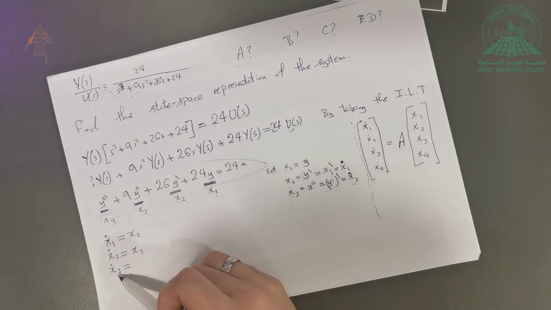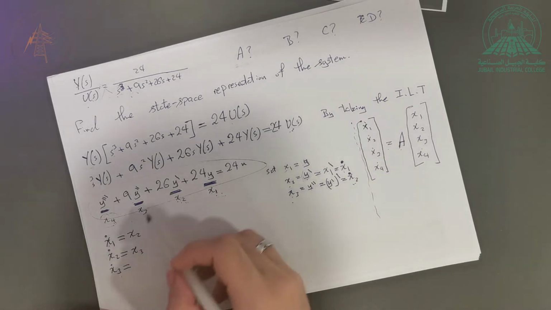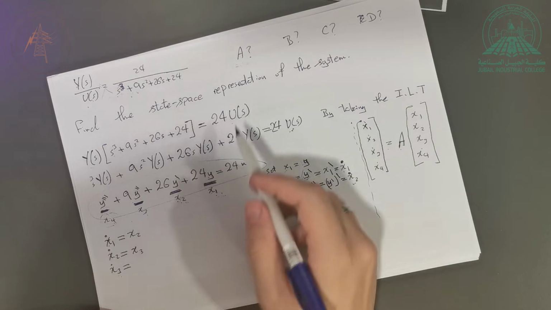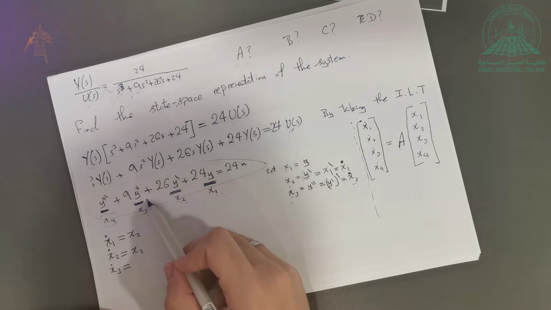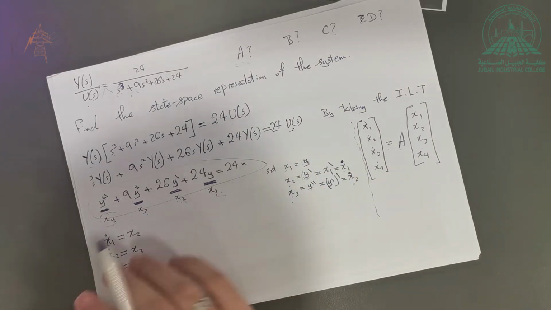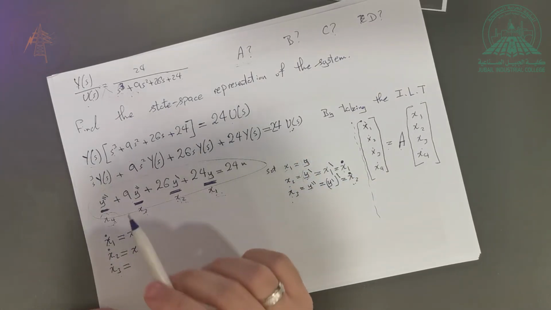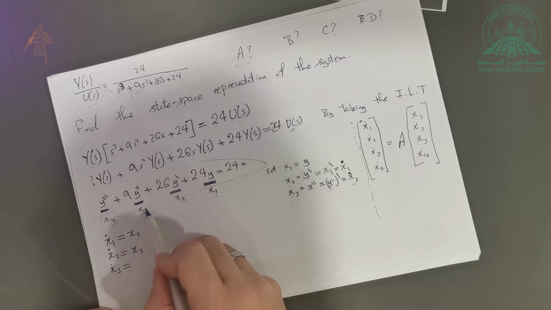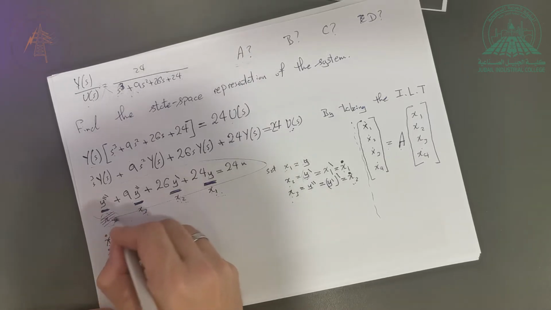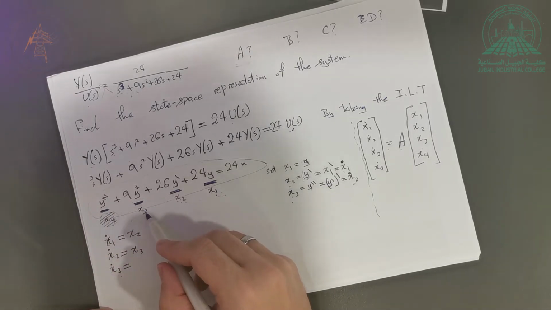Now how about x3 dot? Again, in order to get x3 dot, I need to work on this differential equation. So I'm going to go to this differential equation and rearrange it. Look, what I need to find is x3 dot. What is x3 dot? If I differentiate x3, what do I get? Now let me just remove this so that it does not confuse us. I need to get x3 dot.